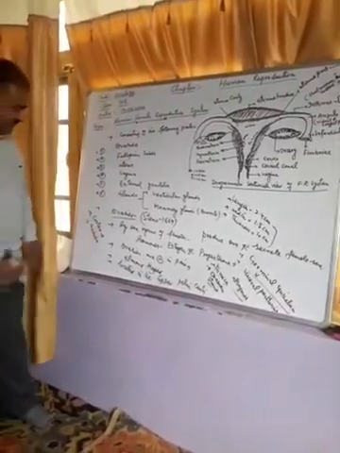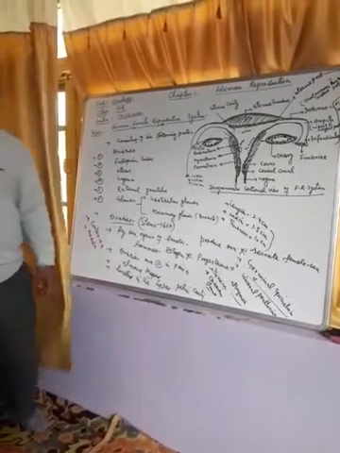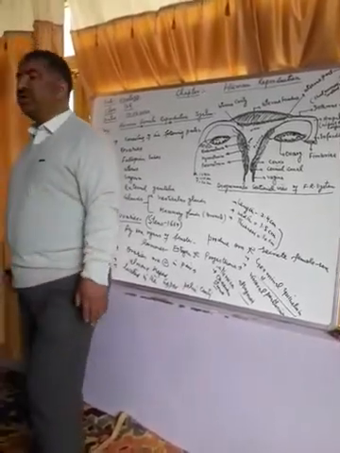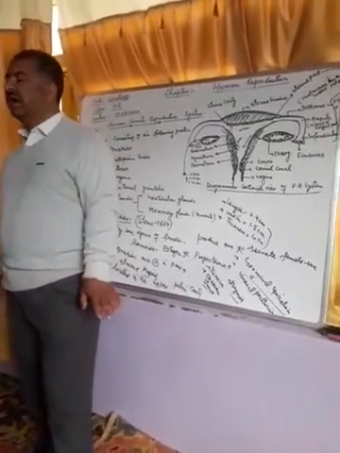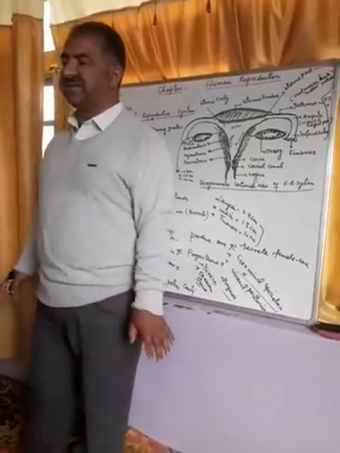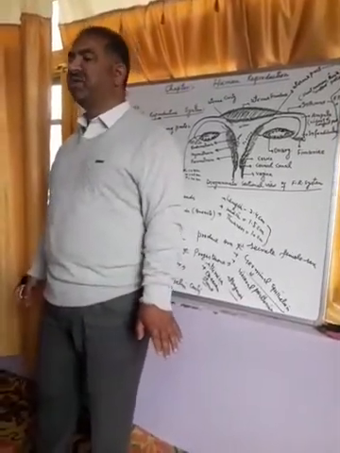What does the cortex contain? The cortex contains numerous spherical or oval sac-like masses of cells known as ovarian follicles.